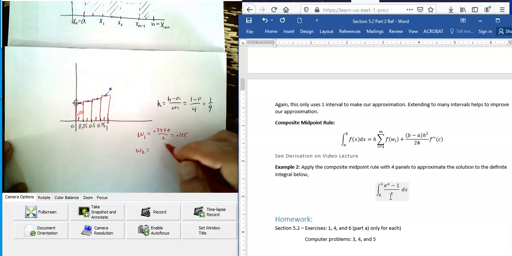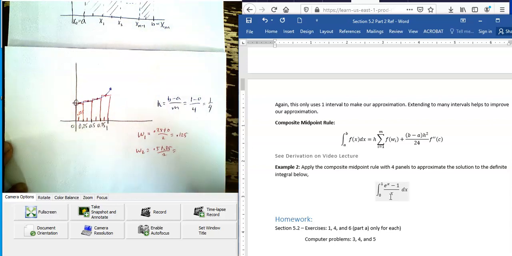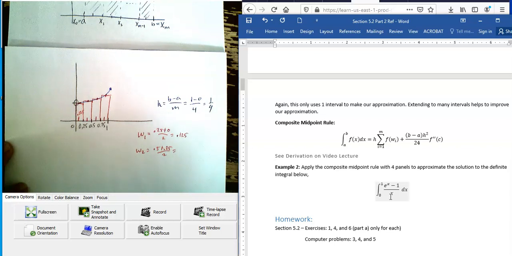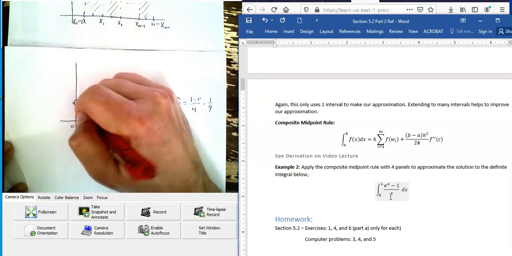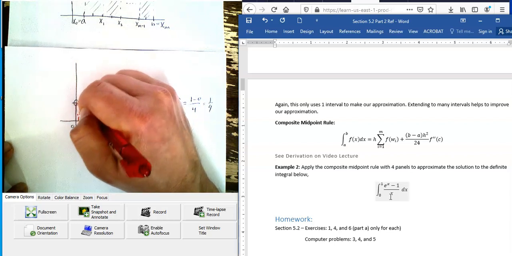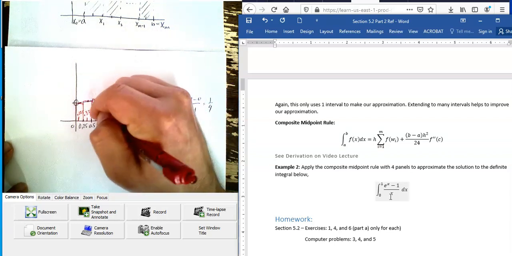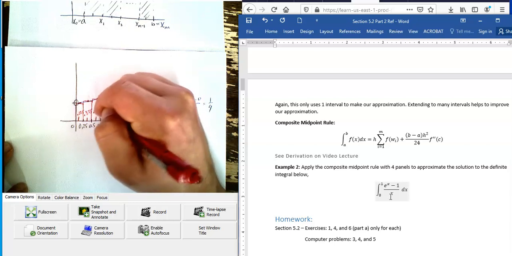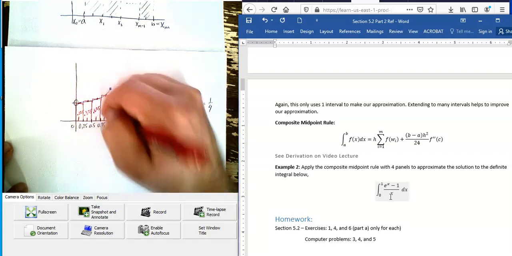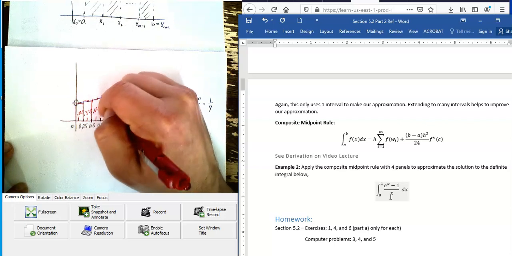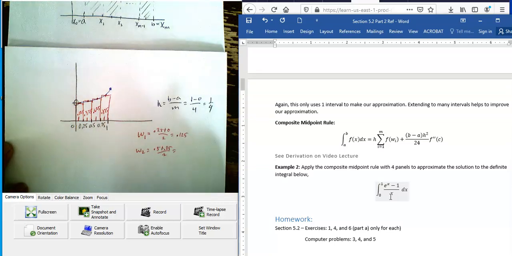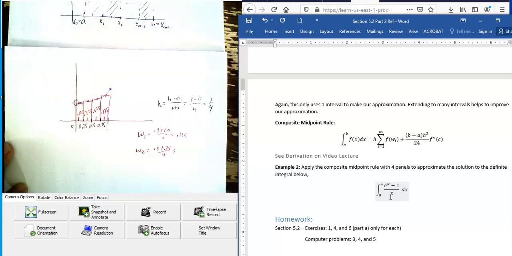Midpoint 2 would be 0.5 plus 0.25 over 2, just the average of those, which is 0.375. Here we would have 0.625, and here 0.875. And so these are all the midpoints.